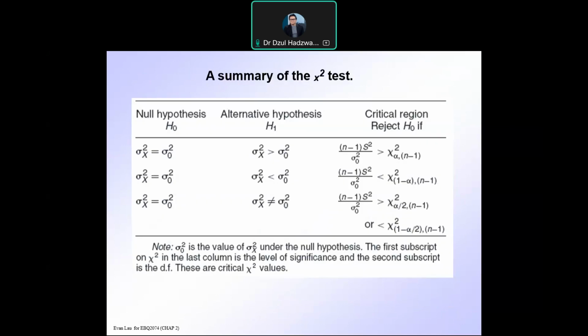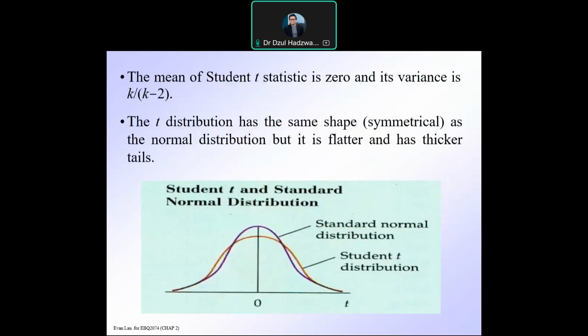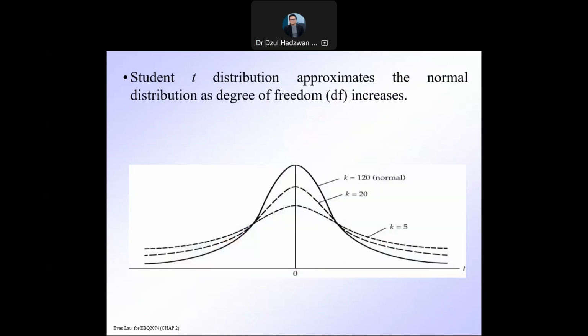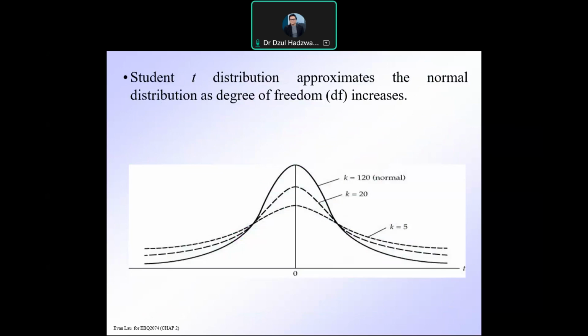Okay, this is the summary of hypotheses. The t-value that I mentioned to you, if you want to calculate your t-test from the sample, you should have it for the sample, and the same goes for the population. So again, if you look at this graph, the K here is representing the degree of freedom.